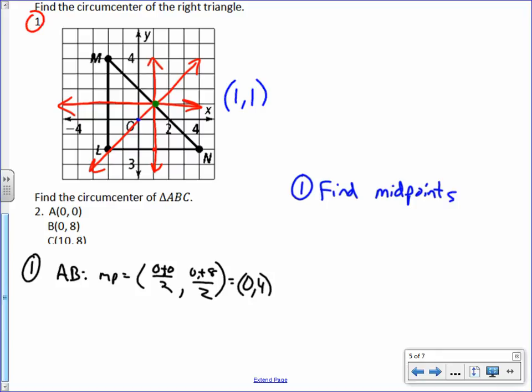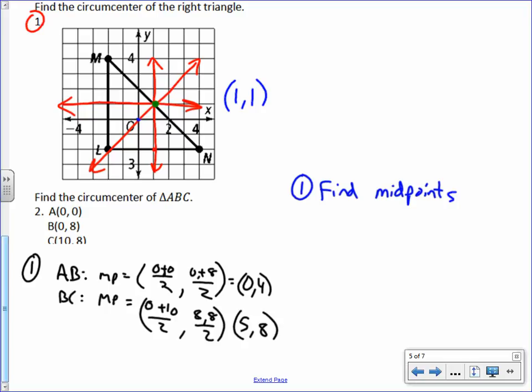All right, let's do BC. So 0, 10, and 8, 8. The midpoint, so that will be 5, and 16 divided by 2 will be 8, right?